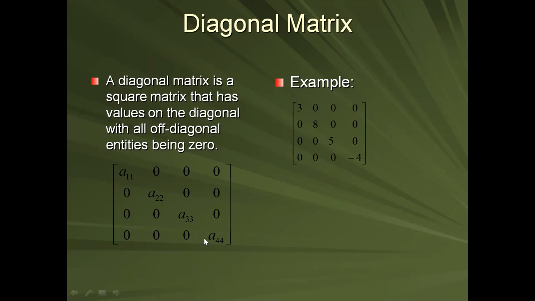Only you have non-zero elements in the diagonal, and the rest of the elements are 0. You can see all these diagonal elements are non-zero, the rest of the entries being 0. This is the example. This is a 4 by 4 diagonal matrix.